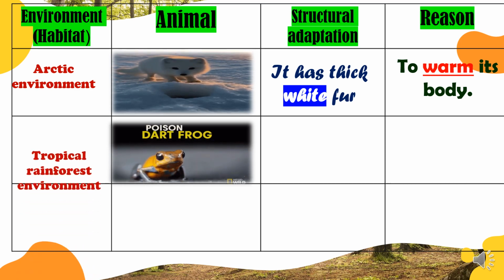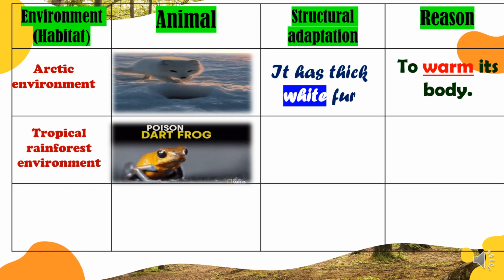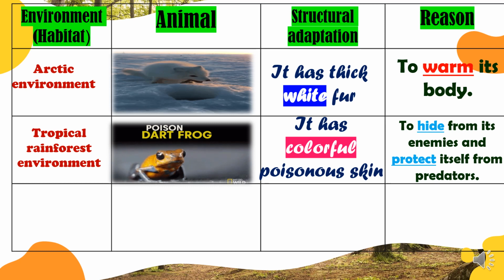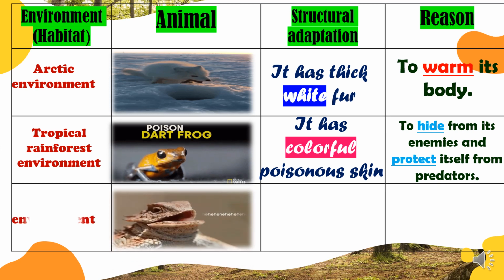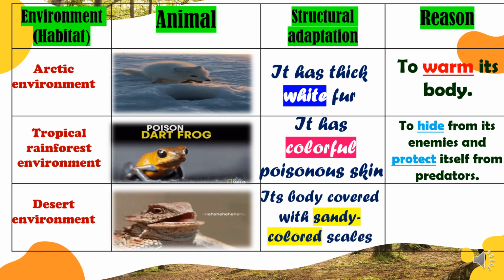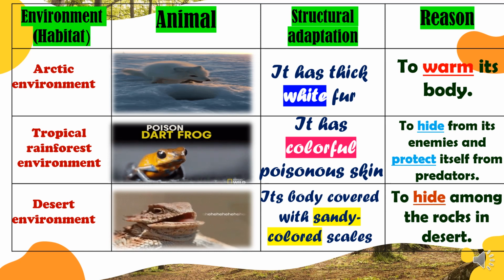It's a type of frog that lives in the tropical rainforest environment, and it has colorful poisonous skin to protect itself from enemies or predators. The last one is the lizard. As we said before, a lizard lives in the desert environment, and its body is covered with sandy colored scales to hide between the rocks in the desert.